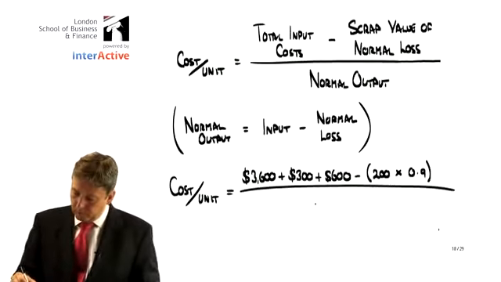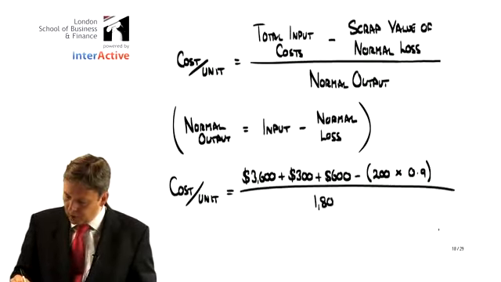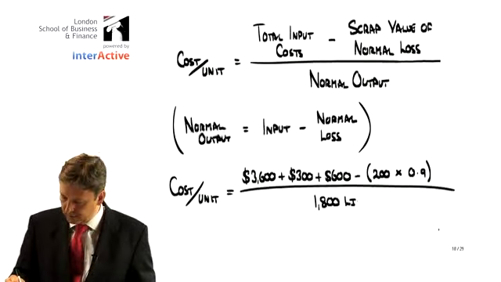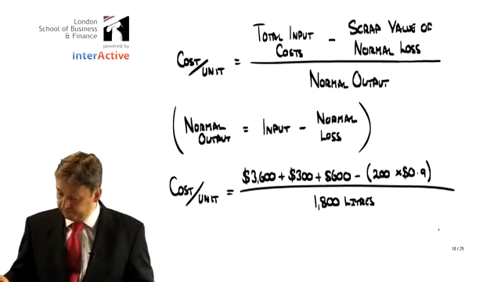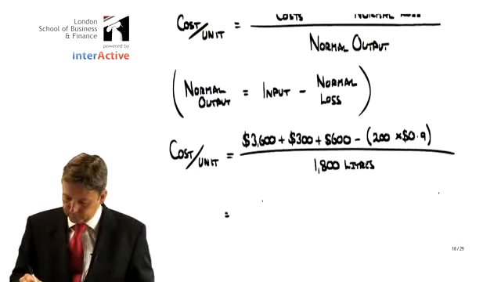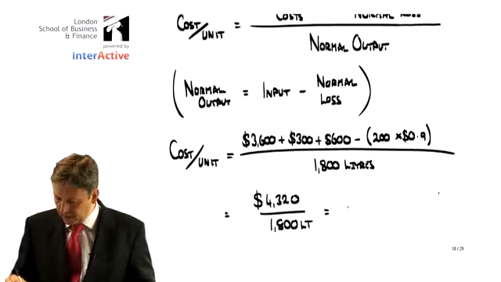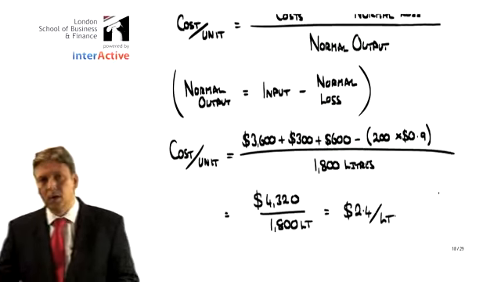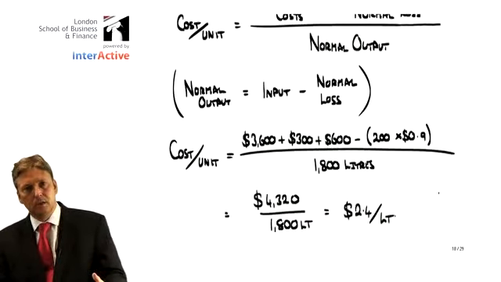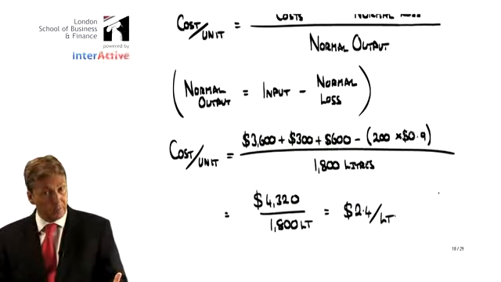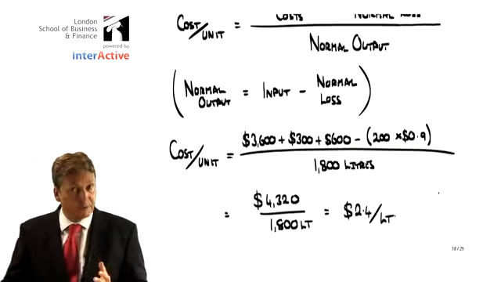If we divide through by the normal output, which we already know is 1,800 litres, what do we get? Well, we have $4,320 divided through by 1,800 litres, and that gives us $2.40 per litre. We have our cost per unit. Please note, slightly lower than before, but not surprisingly, because we've offset the scrap value.